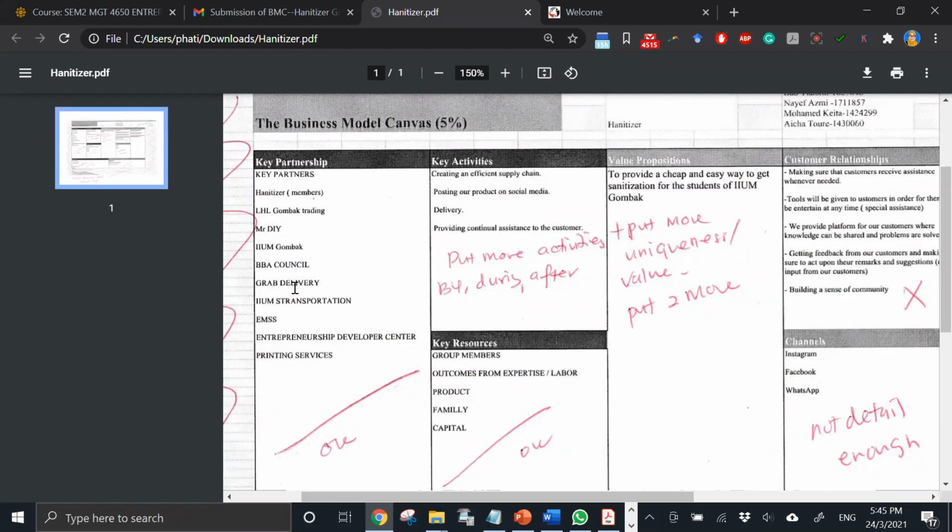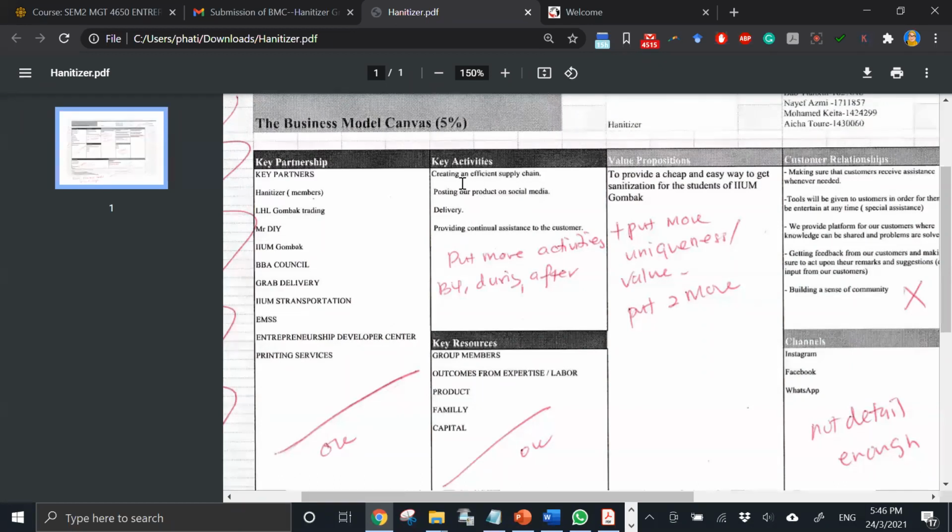This is the courier. This is the Interact Week team, MSAS. EDC, if you want to put it, okay, if you don't, it's okay. Printing service is not really good. If you put printing service, you need to put the name of the store.